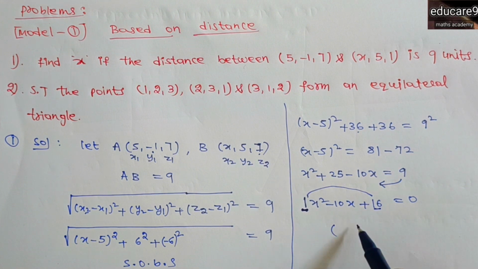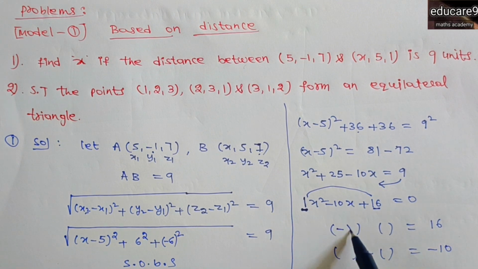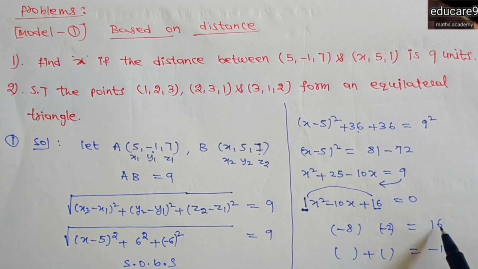So we find two numbers whose product is 16 and whose sum is the middle term, that is minus 10. Clearly the numbers are minus 8 and minus 2: minus 8 into minus 2 is plus 16 and minus 8 plus minus 2 is minus 10. So you can write minus 10x as minus 8x minus 2x.